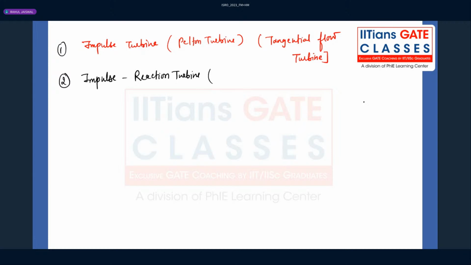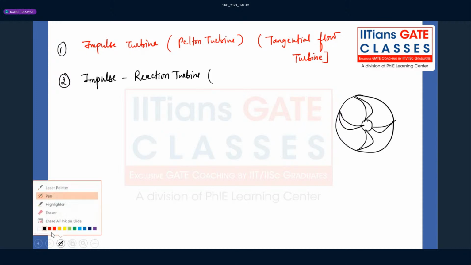See, what is the meaning of tangentially and radially? Suppose you have a blade like this. For example, you have the blades. I've drawn only the runner blades, not the fixed vanes. Whenever the flow is happening like this, that is a radial flow, radially inward flow.